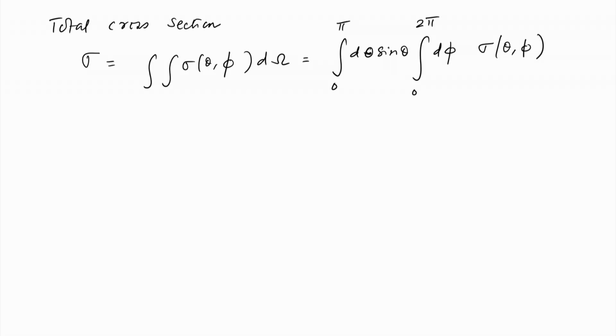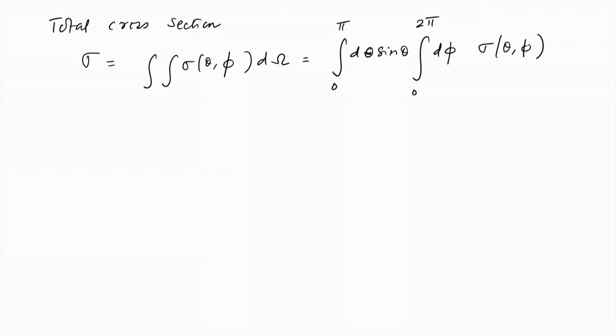Now, we will see that the scattering cross section may not depend upon phi for spherically symmetric potentials. Most of these potentials are spherically symmetric, so in most cases sigma is only a function of theta.